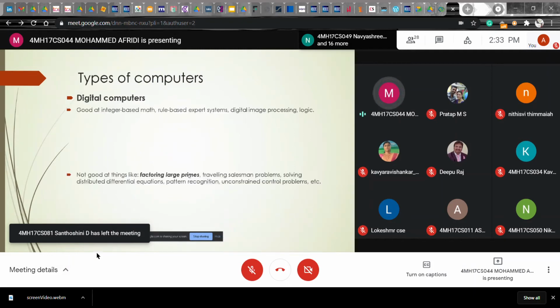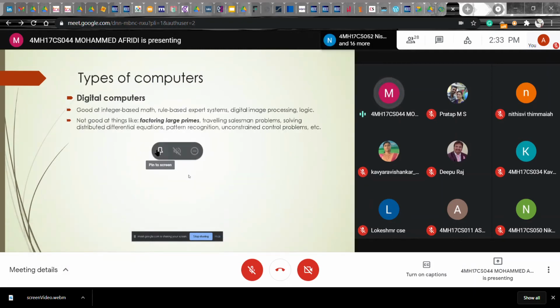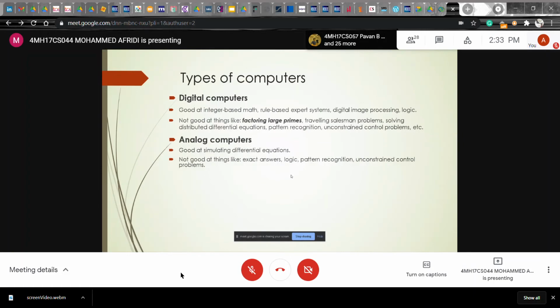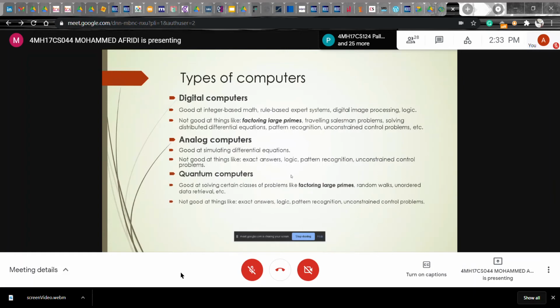A digital computer is good at integration-based mathematics, rule-based expert systems, and digital image processing. But the disadvantage is that it cannot perform factoring of large prime numbers, pattern recognition, and unconstrained control problems, etc. An analog computer is good at simulation, but it is not good at giving exact answers and logic pattern recognition.